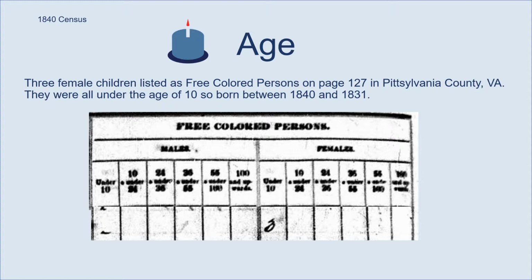There were only 3 female children listed as free colored persons on page 127 in Pennsylvania County, Virginia. They were all under the age of 10, so born between 1840 and 1831.